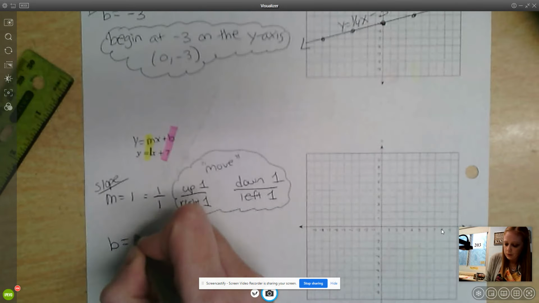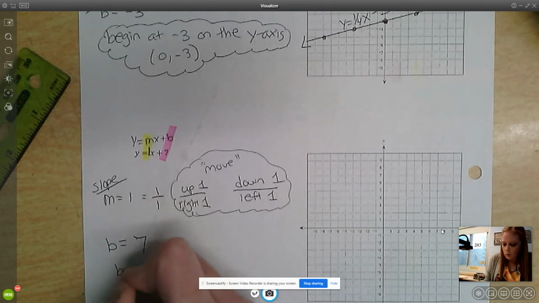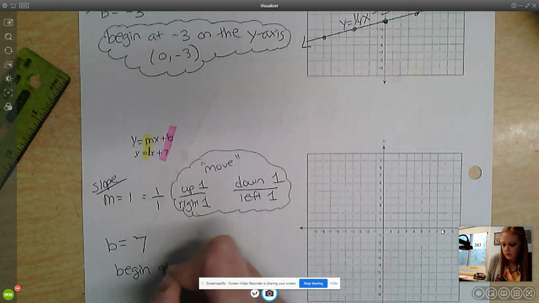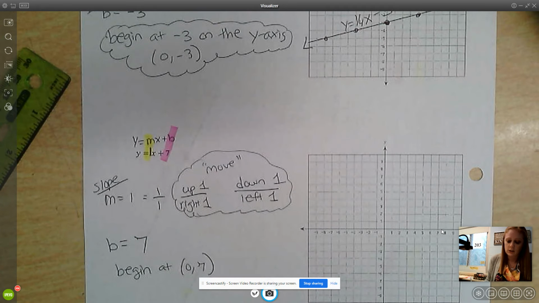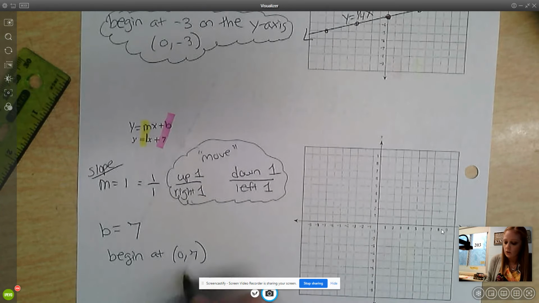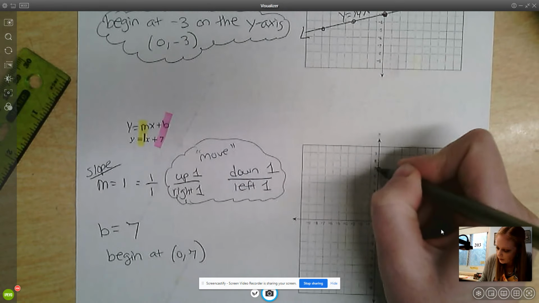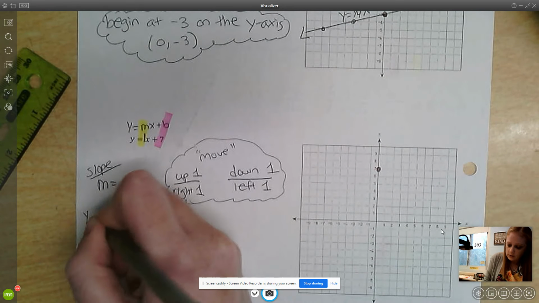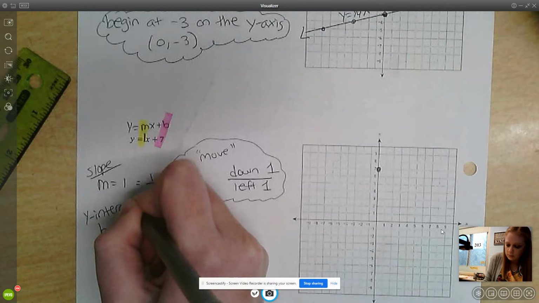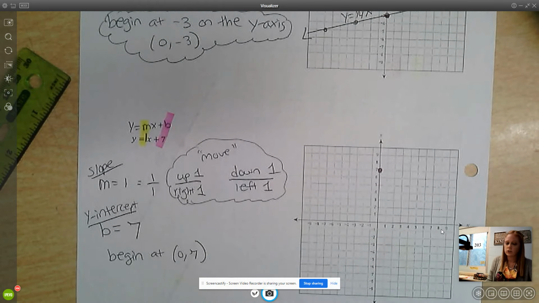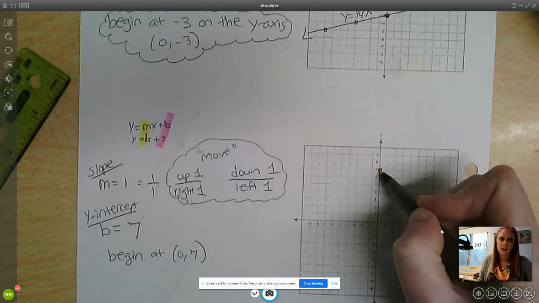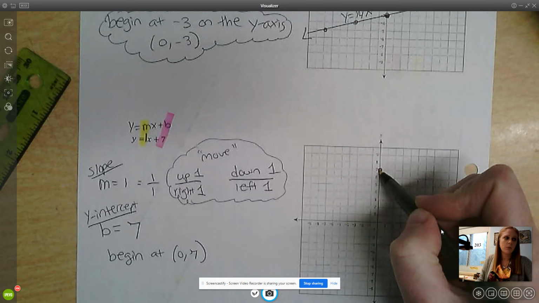Our b is a positive 7, so that means we will begin at the point 0, 7, which is 7 on the y-axis. So let's go ahead and plot that. This is our y-intercept, where the line intercepts the y-axis, which will be right here at 7. Okay, so we plotted our first point.